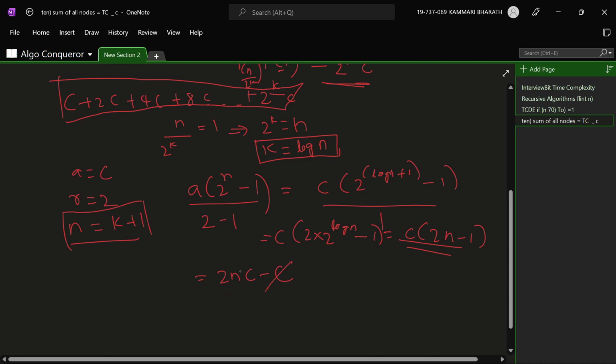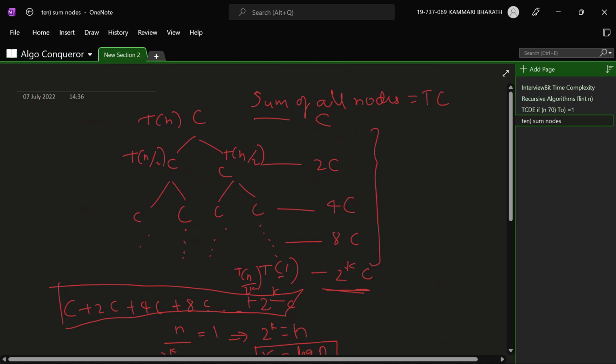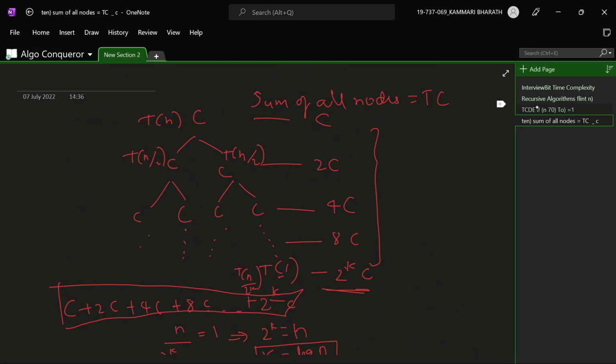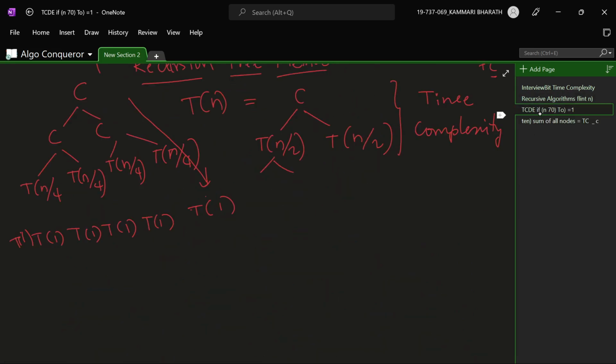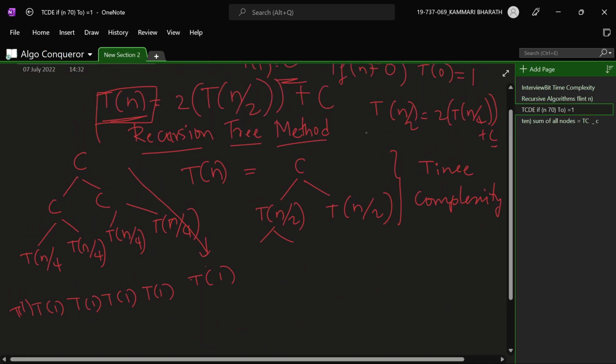Remove all the constants and remove all the lower order terms, which we don't have here. So this is big O of n. This recurrence relation given to us is big O of n. This is big O of n.